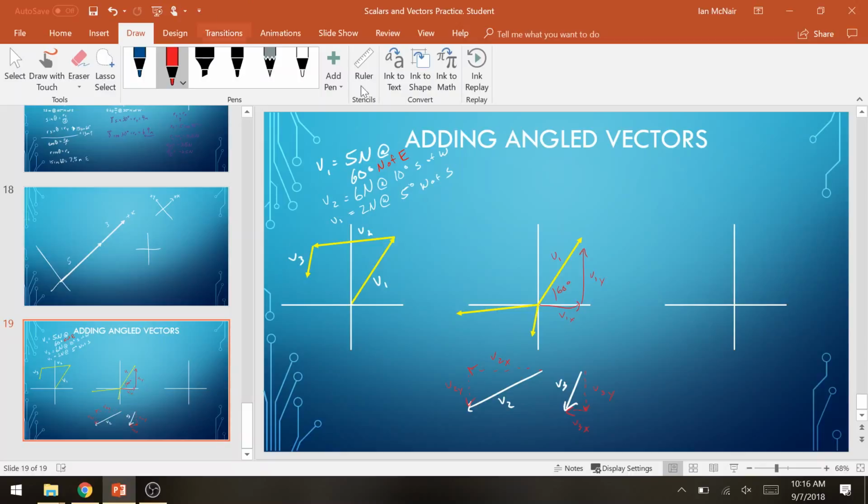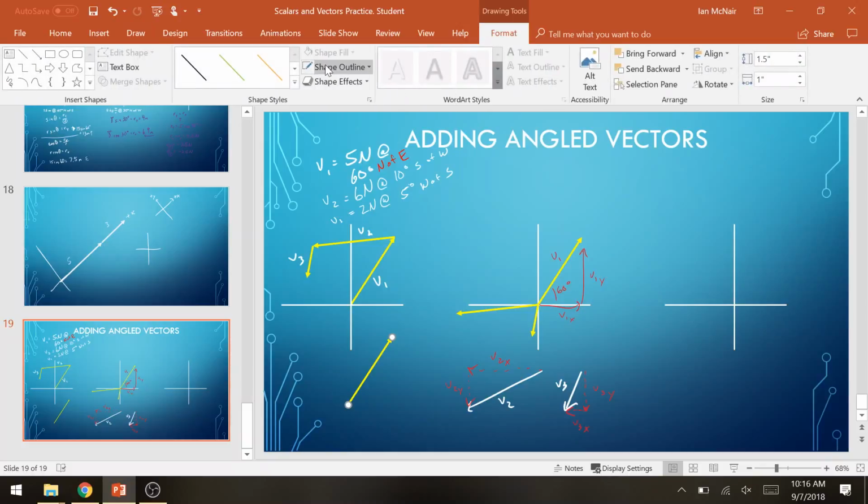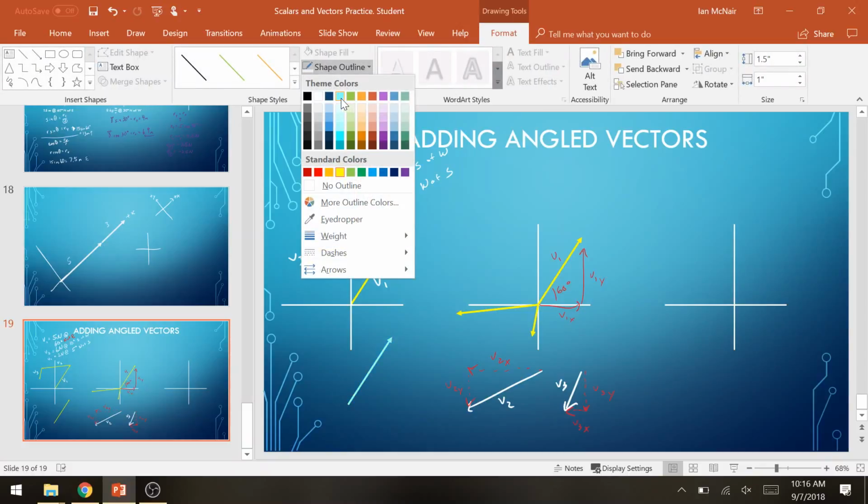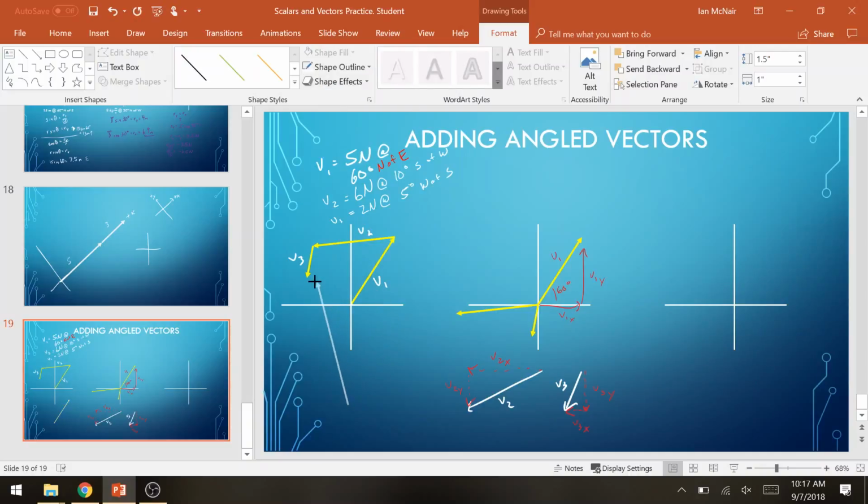So now, all I'm gonna do is break these down into the components, and then I'm gonna draw a vector that's going to look very similar. Let's recolor this. Let's make it white. The resultant that I'm going to get, which is the sum of all the vectors, should look like something like that.